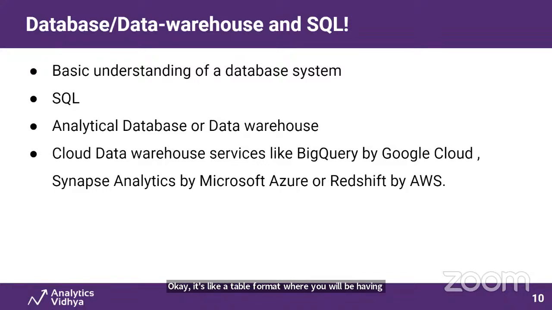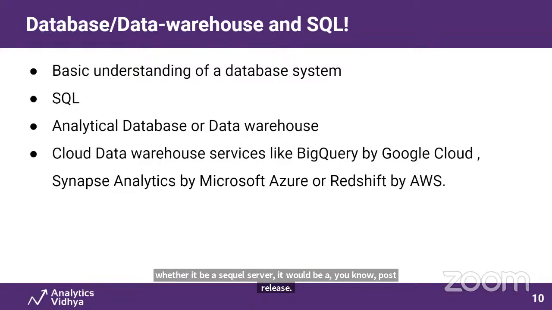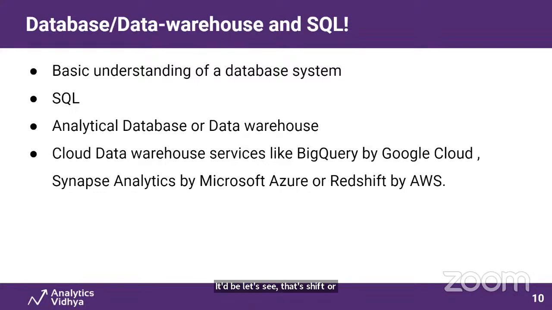In typically any database system, whether it be SQL Server, Postgres, Redshift, Synapse, or whatever database or data warehouse it is, SQL is always required there. You have to learn SQL, and only then can you work with databases and data warehouses.